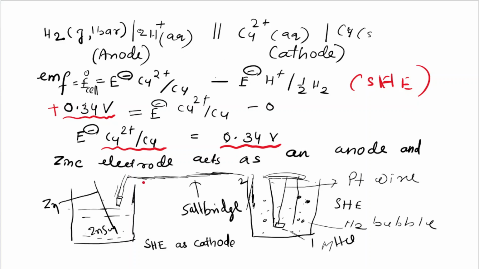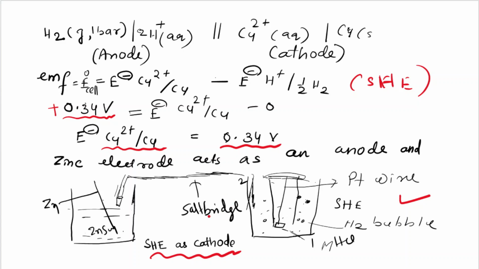Now see the diagram. Here the zinc electrode acts as an anode and S.H.E. as a cathode. This is the S.H.E. This diagram I already explained, and this is the salt bridge, and this is the zinc in zinc sulfate, that is at the anode, and here S.H.E. is required as cathode.